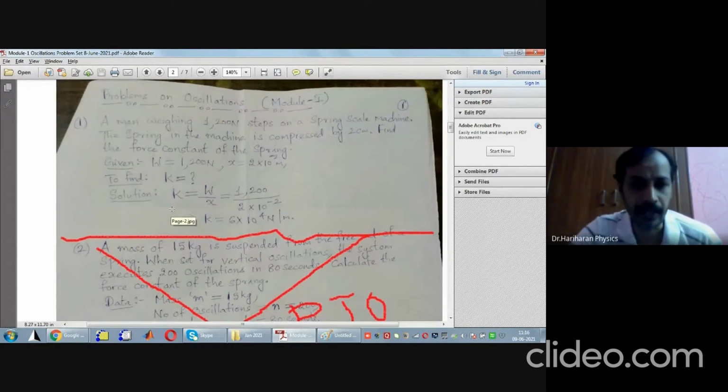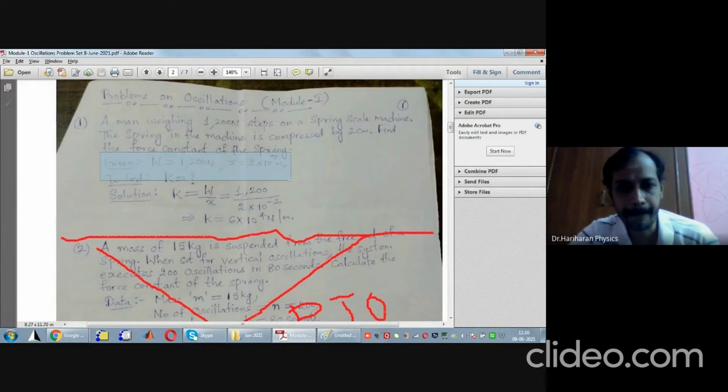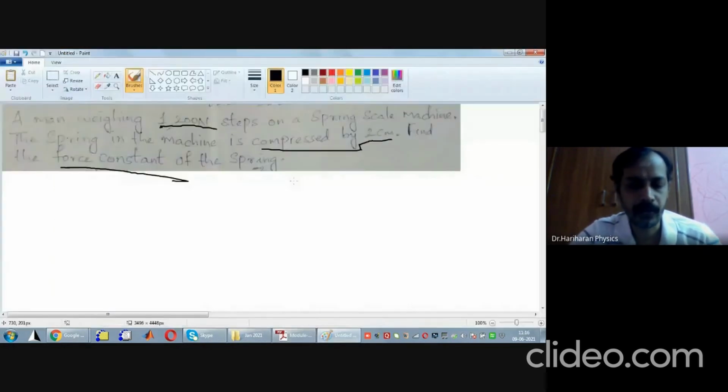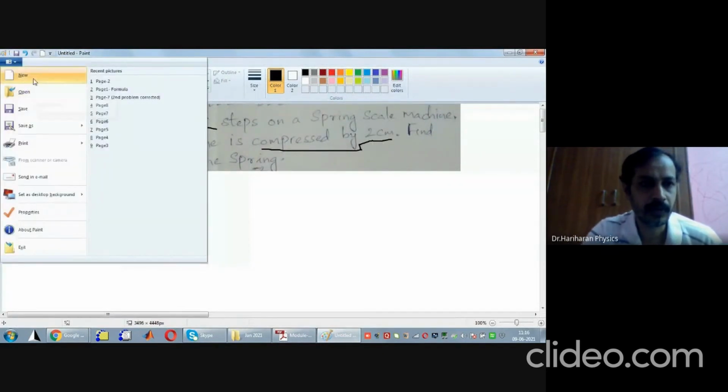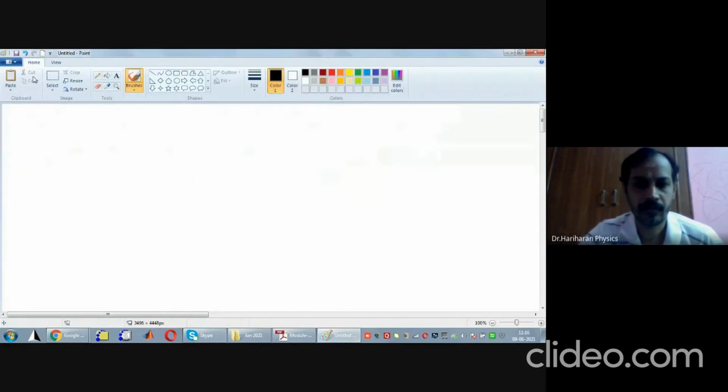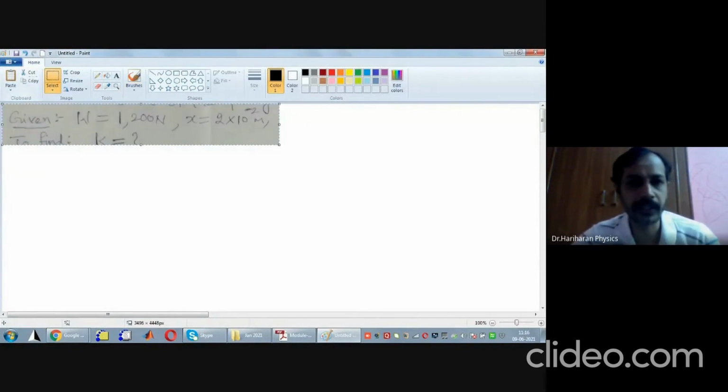So, likewise, in this problem, what are the things that are first given to us? The weight of the object is 1200 newtons.